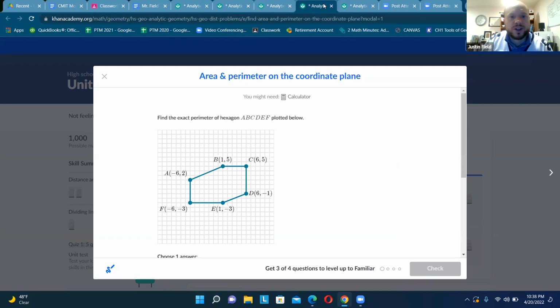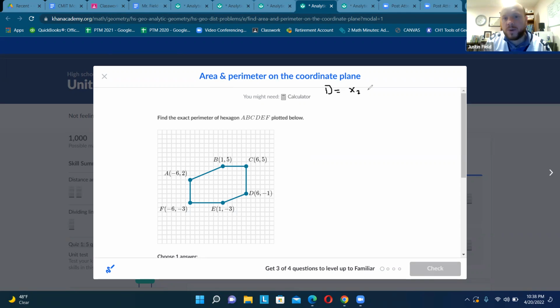And there it is. So with all of these, we're going to use two formulas, the distance formula and the midpoint formula. The distance formula, I wonder if you remember, is the square root of x2 minus x1 squared plus y2 minus y1 squared. And the midpoint formula is to find the point in the middle of 2 points.